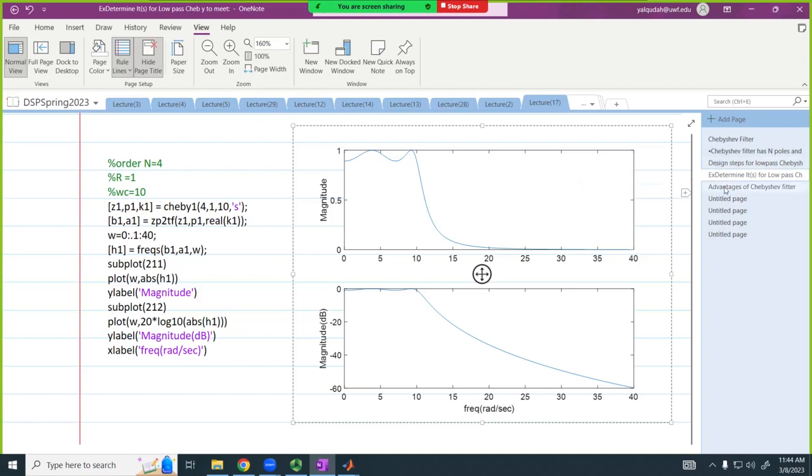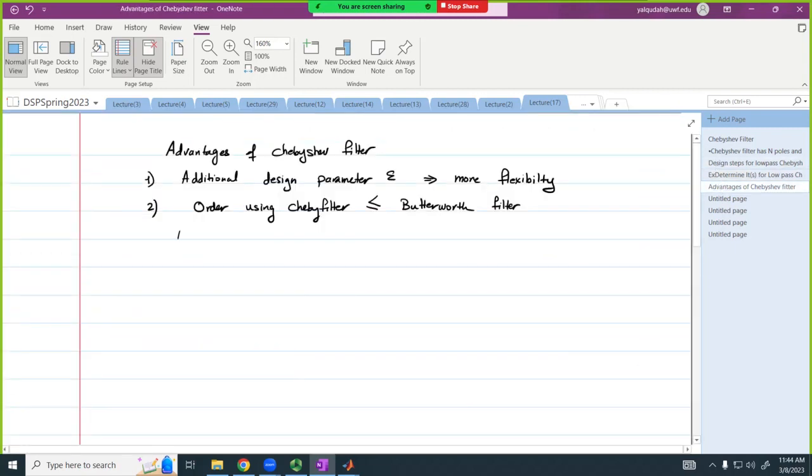Okay. What are the disadvantages of the Chebyshev filter? We have ripples. In the Butterworth, we didn't have ripples.